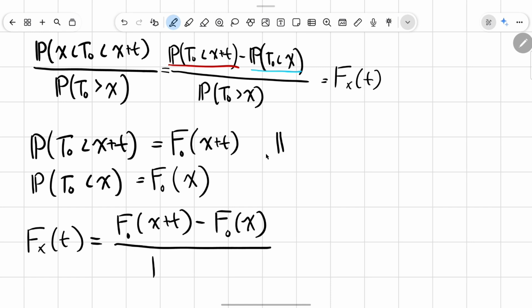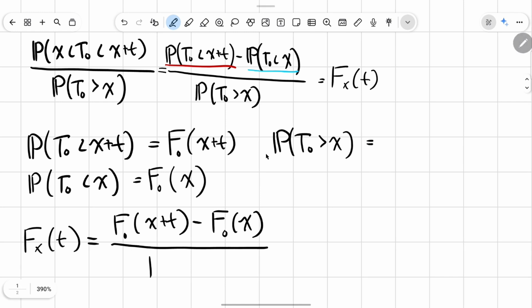So when we say probability of T0 greater than x, we are asking what is the probability that the person will live after x years? So it is just the survival function, a person aged x living after x years. So this will be over S0 of x.